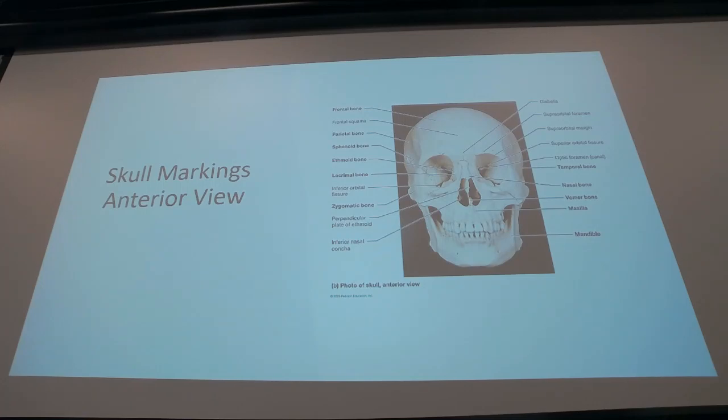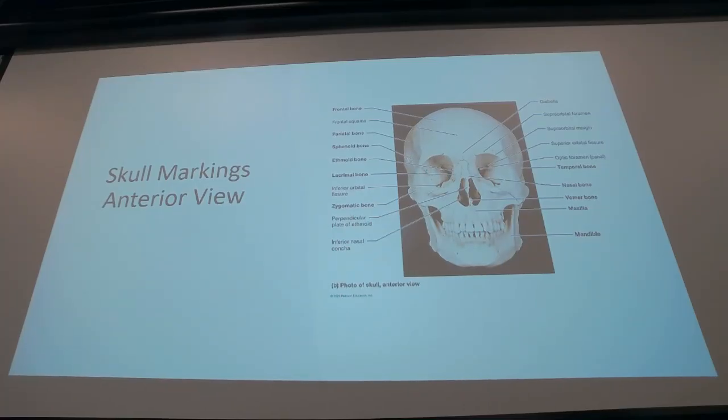Now, for the nasal bones, they don't have major features. They're just located below the glabella and medial to the orbit. Now, something that you can see here in this deep part of the orbit is the optic foramen or optic canal.